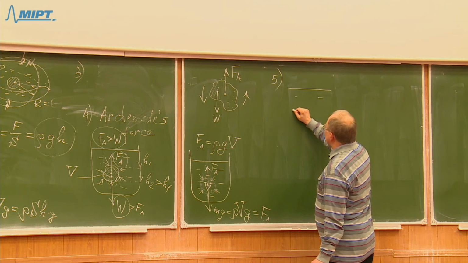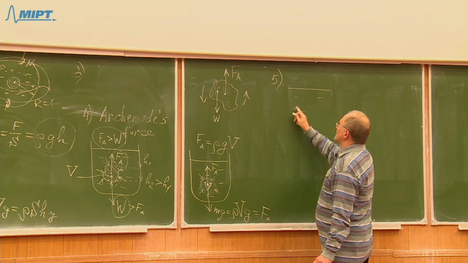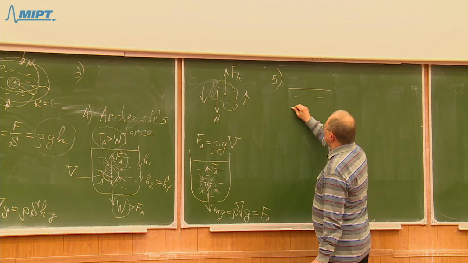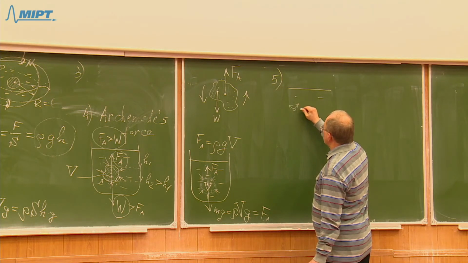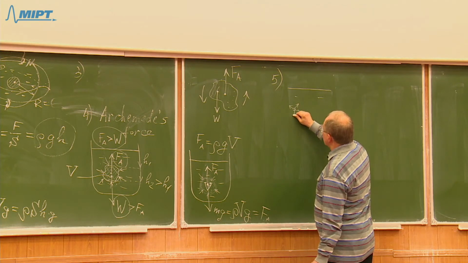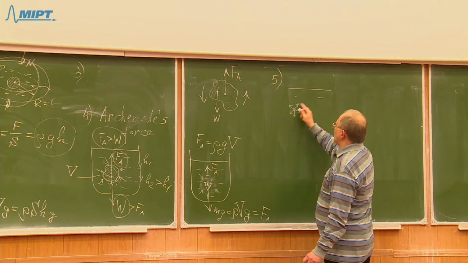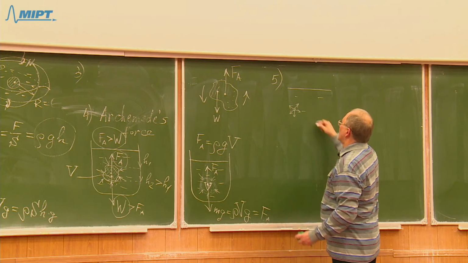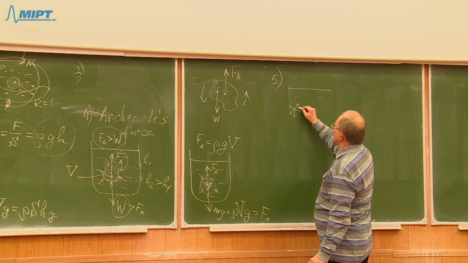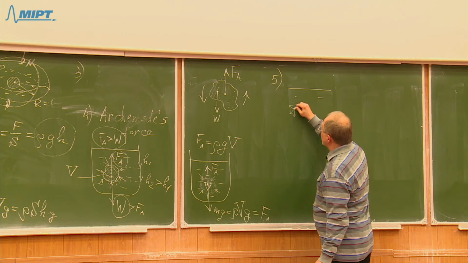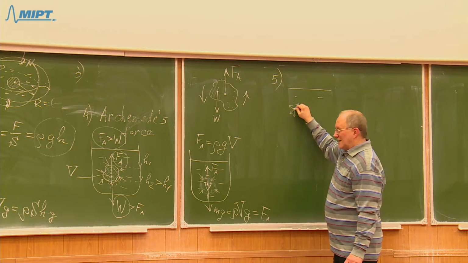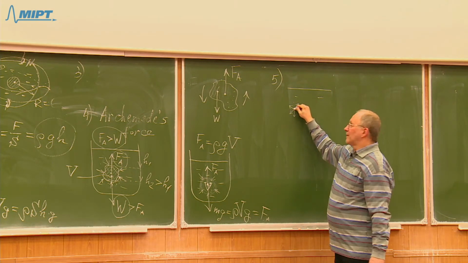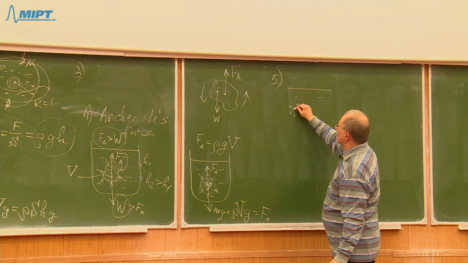Any molecule inside the liquid will interact with the adjacent molecules so that the forces of interaction will be directed everywhere. Everywhere there is some molecule beside, so that the total force acting on this molecule is, on average, 0. The total force, the net force, is 0.